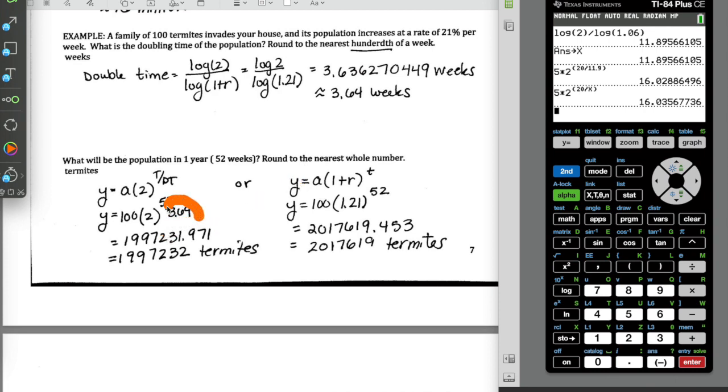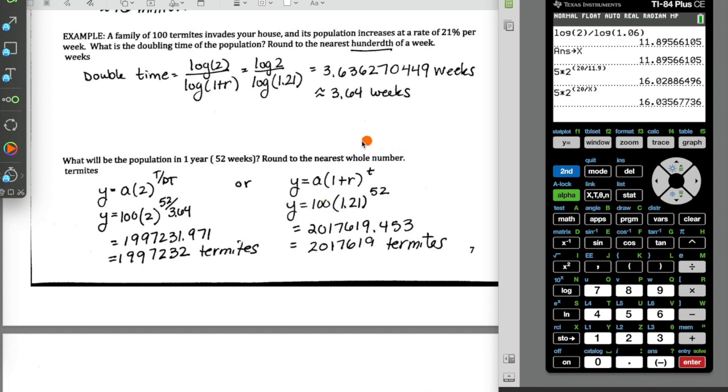Now remember, this value was rounded. So this answer here is going to be a little bit off. So when we put that in the calculator, we get 1997231.971. And when we round it to the nearest termite, this 9 makes this one bump up to a 2.